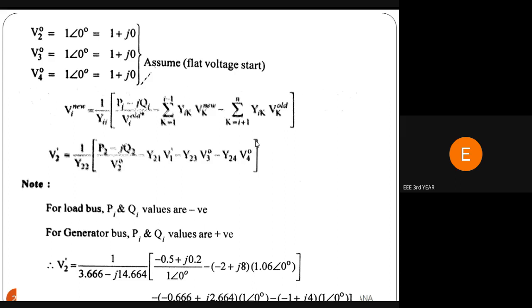So we know this notation: for a load bus, the Pi and Qi values are taken as minus, and for a generator bus, the Pi and Qi values are taken as plus.